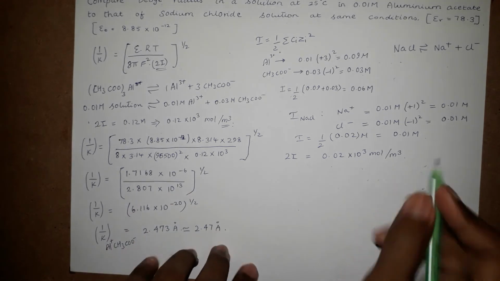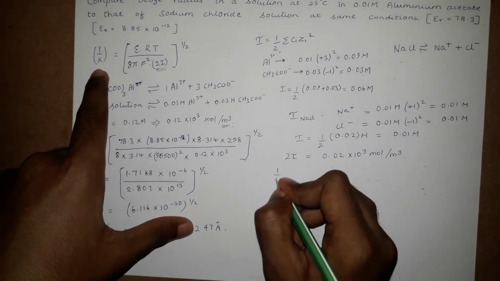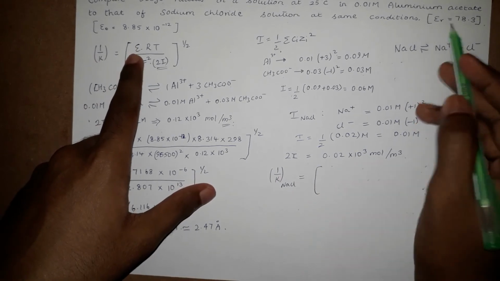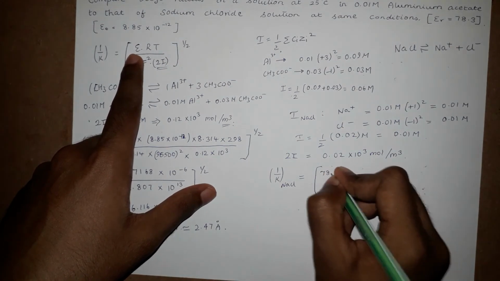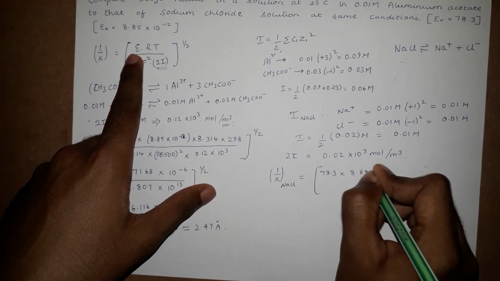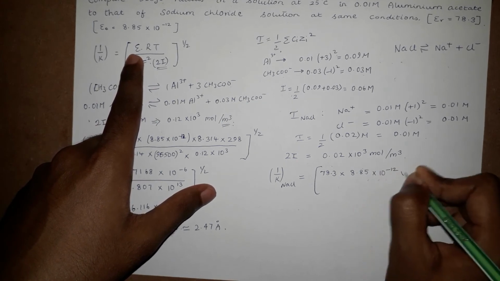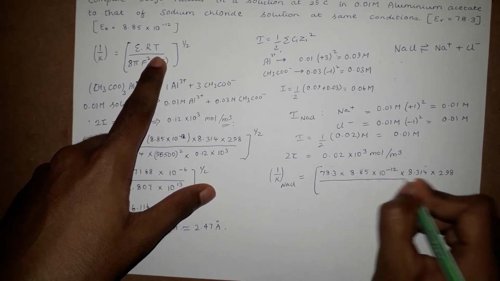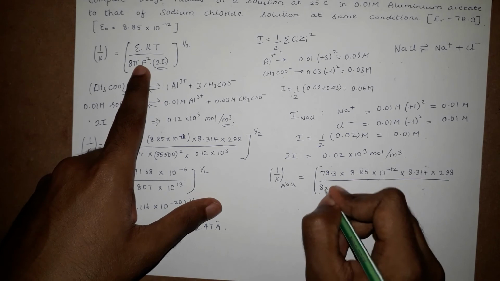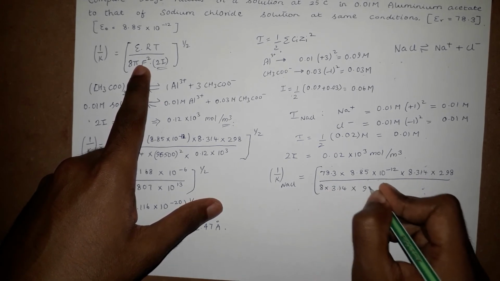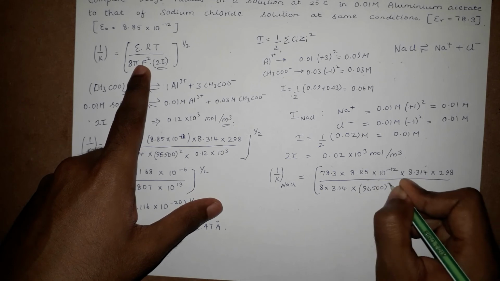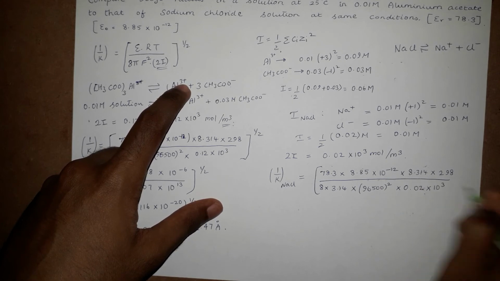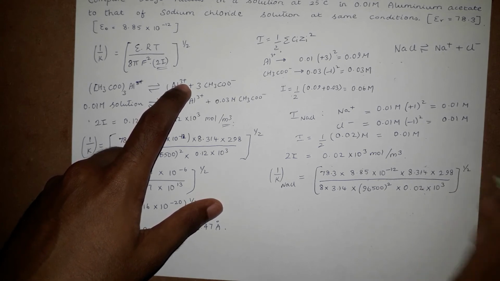We got the value in mole per meter cube. And use the same formula 1 over kappa for NaCl, which is epsilon r times epsilon naught, 78.3 times 8.85 into 10 raised to the power minus 12, times R 8.314 times 298, that is temperature, divided by the denominator term 8 into 3.14 times 96500, the value of Faraday, raised to the power 2 into 2I. 2I is 0.02 into 10 to the power 3, and the total term raised to the power 1 over 2.